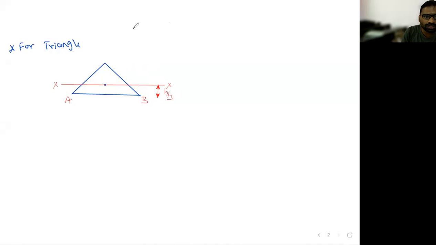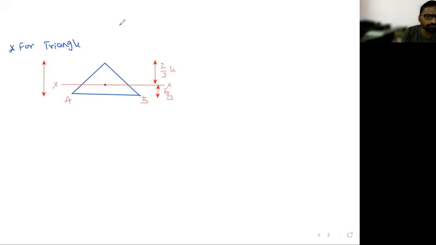Okay, so what is the total height of this triangle? Height. So can you tell me how much is remaining? 2/3 of the height. This is 2/3 of the height. So when we add, the total is h. Correct? Everyone? Yes, sir.